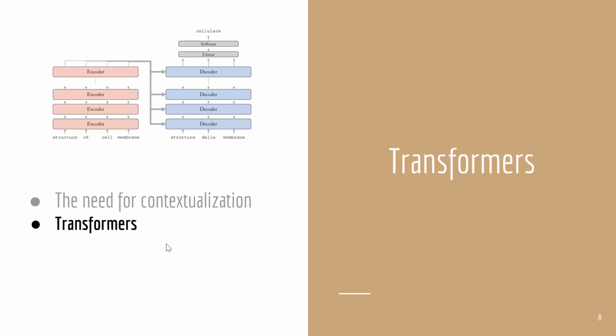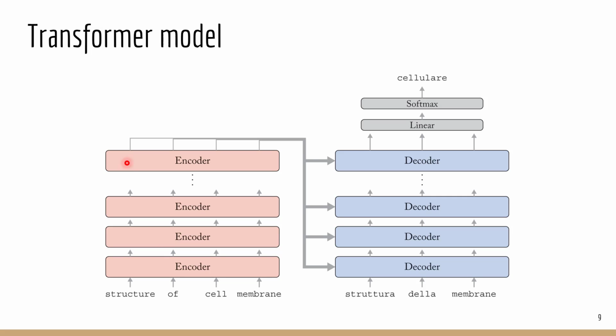Let's have a very quick look at the transformer architecture. The original transformer model from the Attention Is All You Need paper was a sequence-to-sequence model for machine translation. You have a stack of encoders for encoding a given text and a set of decoders for decoding that encoded representation into the target language.